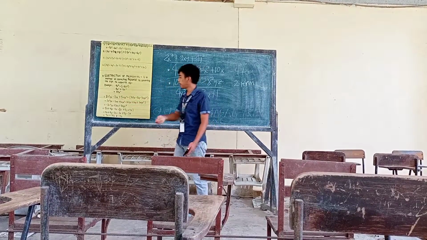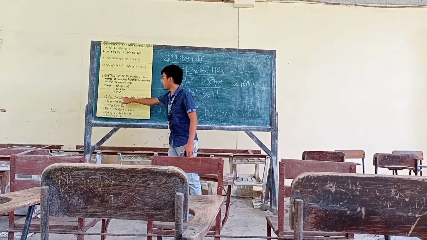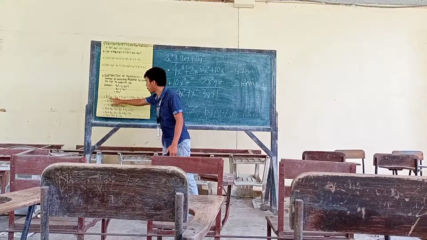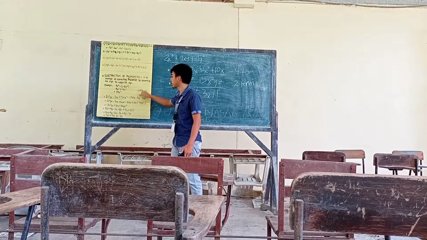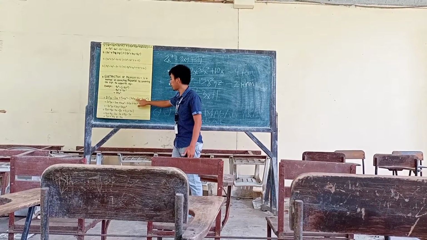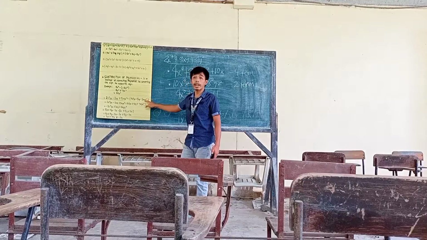So here's our example. 2x squared yz minus 2xz plus 5xz squared minus 4x squared yz minus 5xy minus 3xyz.